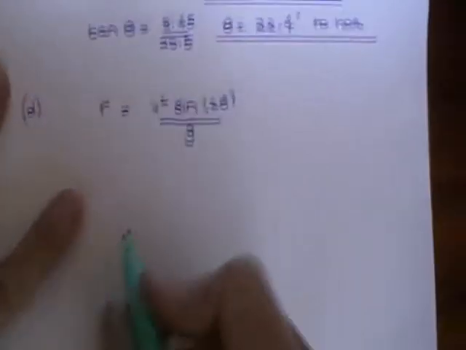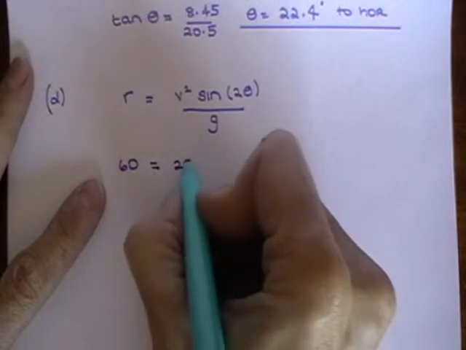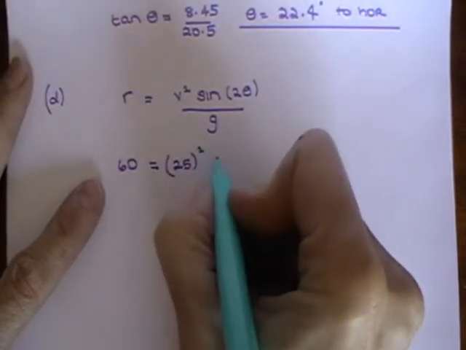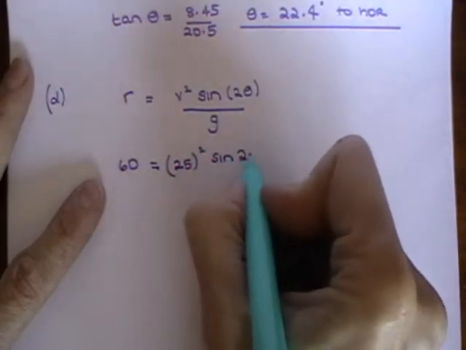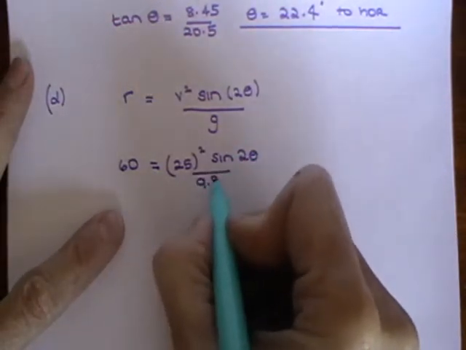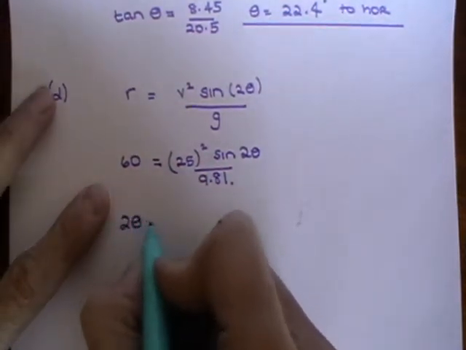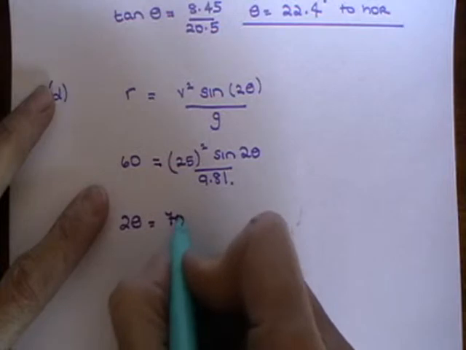And we know our range, 60 metres, is equal to 25 squared, the sine of 2 theta, over 9.81. So whenever you rearrange that, 2 theta has got a value of 70 degrees.